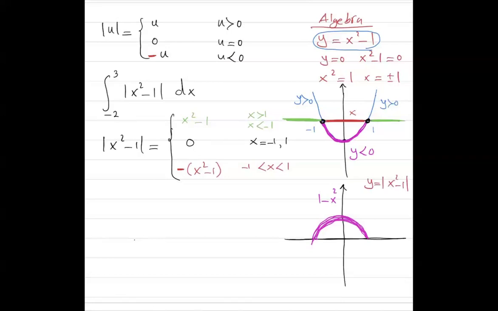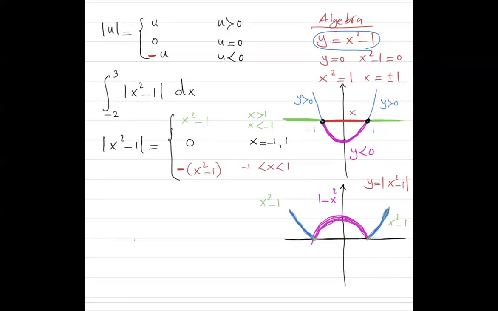So this is my y equals the absolute value of x squared minus 1. And in simpler form, we can write it this way. And for the rest of it, it is positive. It means that on the left-hand side, before -1, we just copy down this curve, which is x squared minus 1. The same on the right-hand side. Now this helps me calculate the definite integral easier.